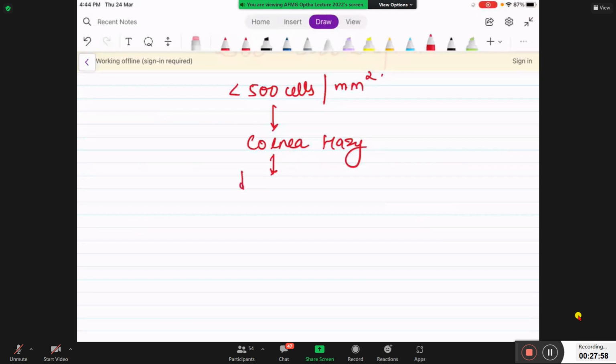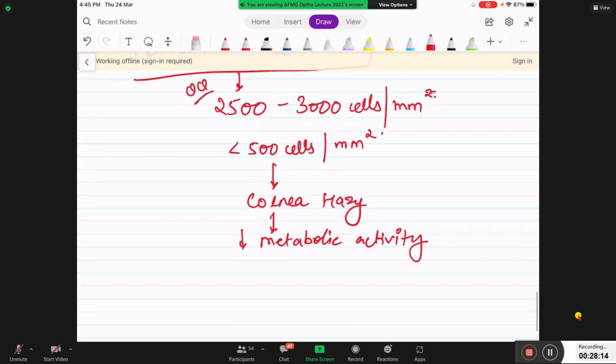The metabolic activity of the endothelium will decrease. Remember, the endothelium was the metabolically most active layer, right? So when the endothelial cell count decreases, the metabolic activity of the cornea automatically decreases, and that condition is called corneal decompensation.